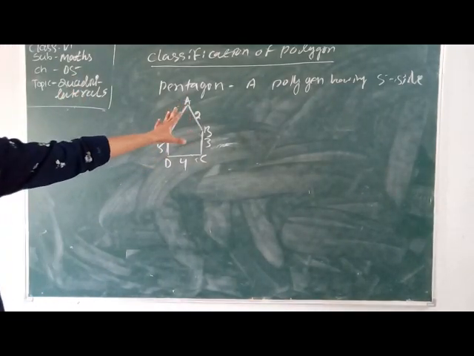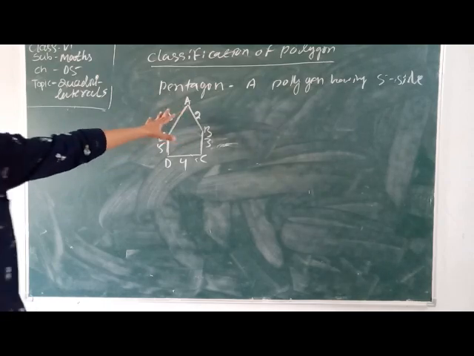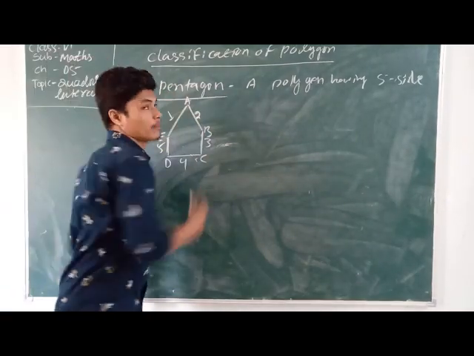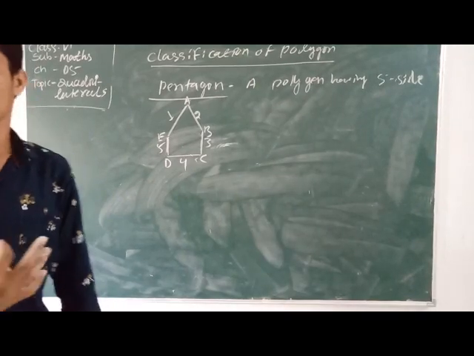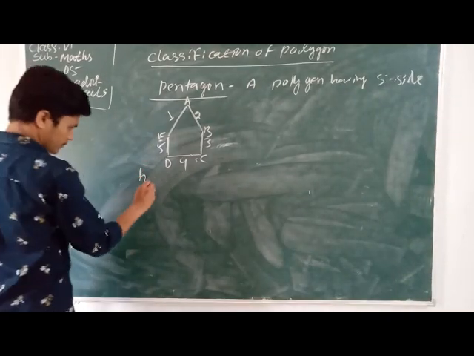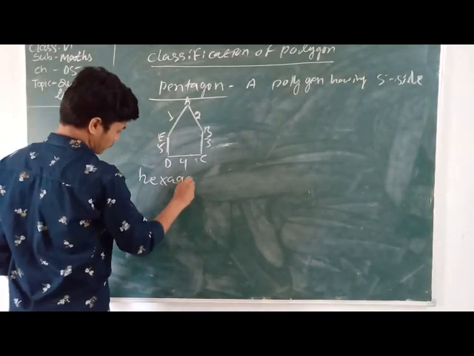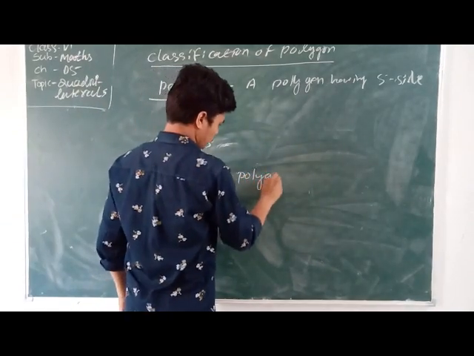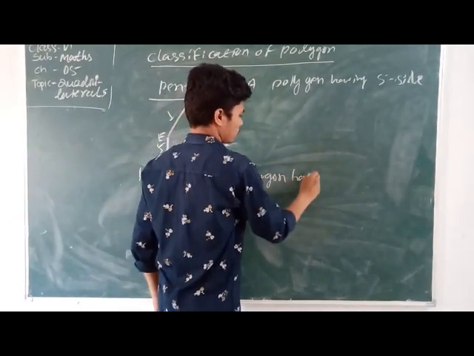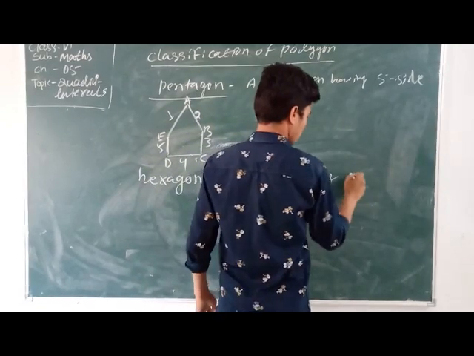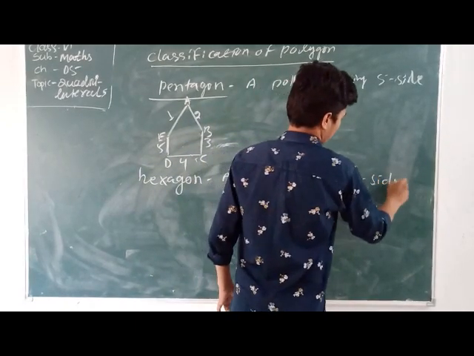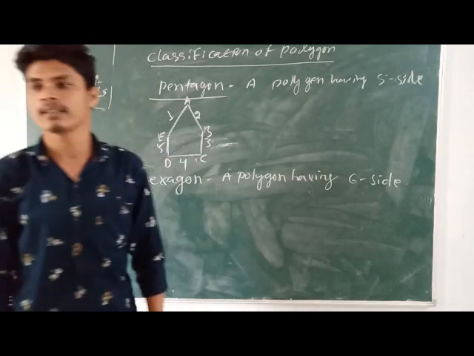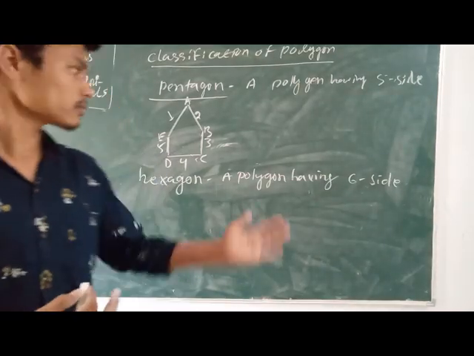Pentagon. Now we discuss the hexagon. Hexagon means what? Hexagon means the polygon having 6 sides. A polygon having 6 sides is called what?